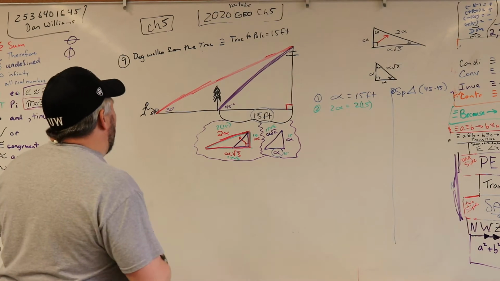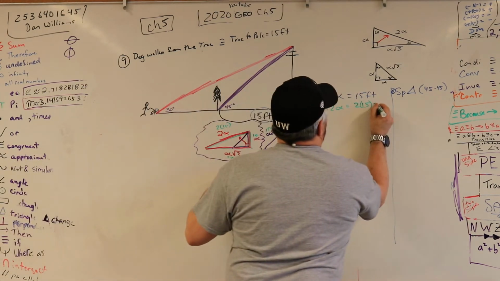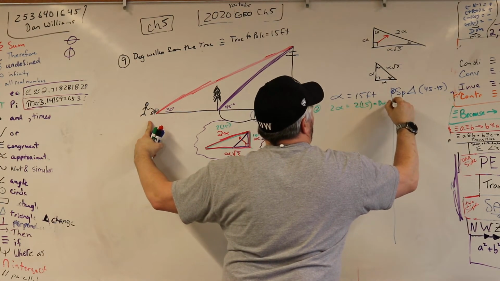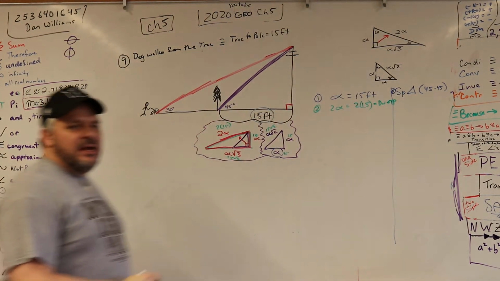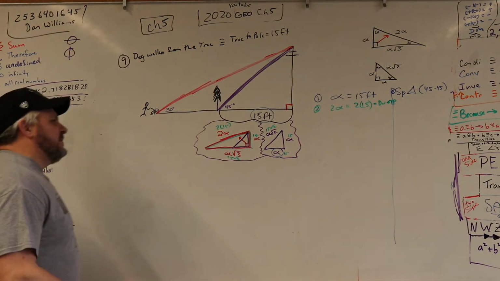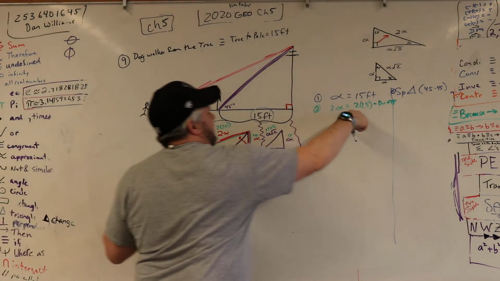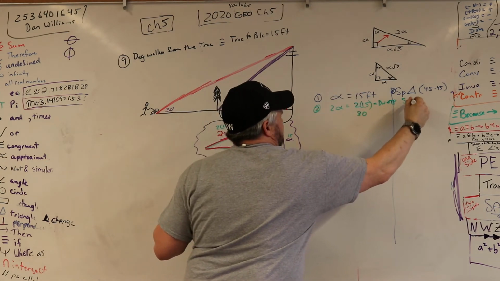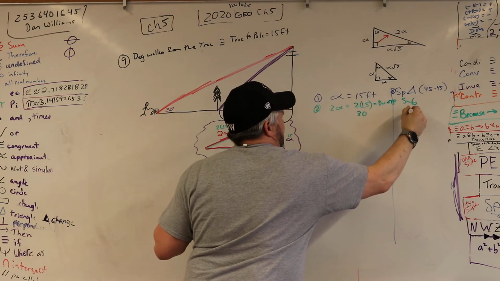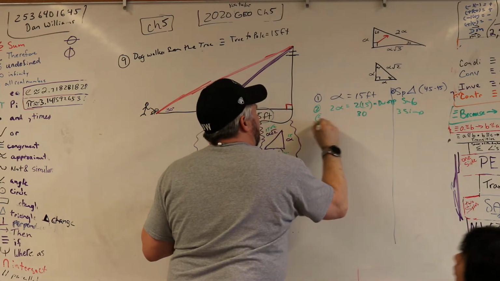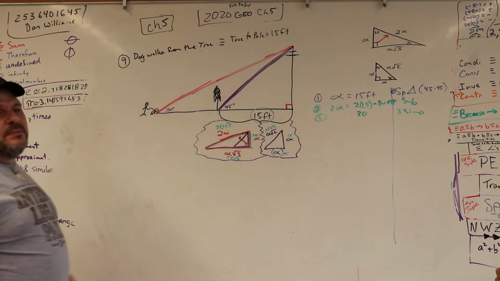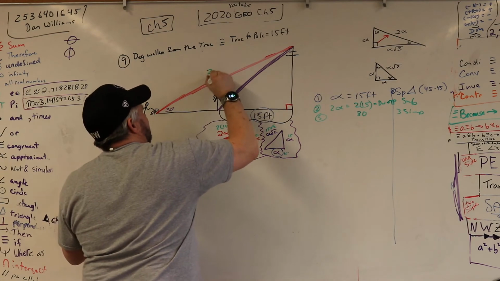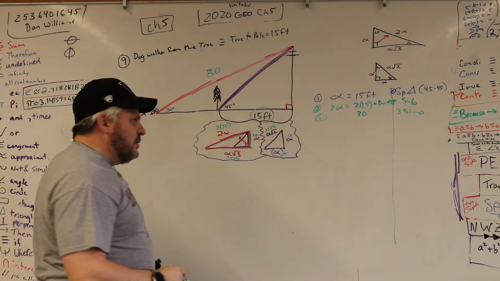In other words, this is from the dog walker to the top of the pole. Let's plug that in. This has to be 30. So we did two things here: substitution, and simplify. And we didn't change our colors. Bad, Dan. So this is 30, which means the other one must be 60.